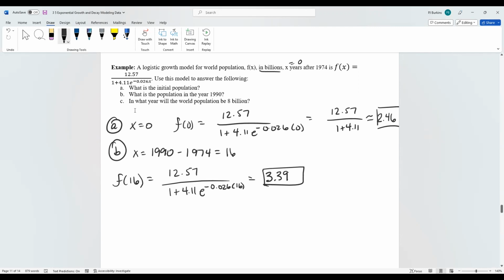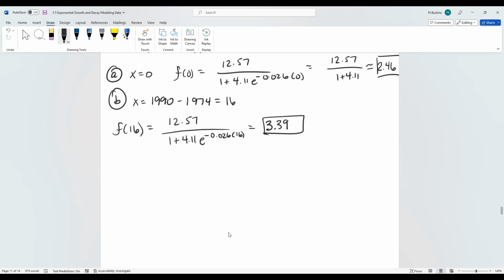The last part says, in what year will the world population be 8 billion? So we're looking for f of x to equal 8. So this is a new challenge for us. We're saying, let this thing equal 8 and solve for t.